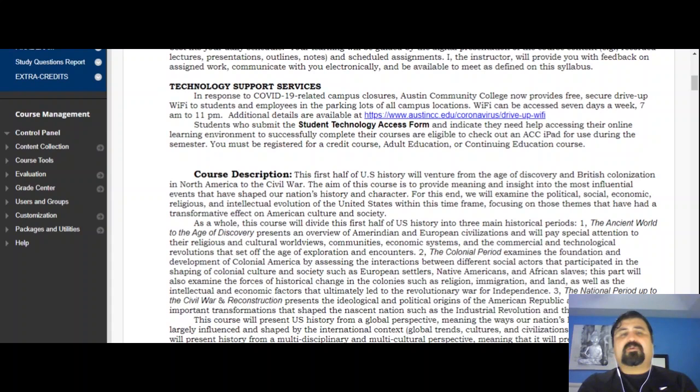And there are, of course, resources at ACC that you can request regarding, for example, technical assistance for navigating Blackboard.